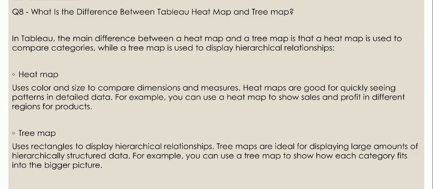For example, you can use a heat map to show sales and profit in different regions for products. Tree map uses rectangles to display hierarchical relationships. Tree maps are ideal for displaying large amounts of hierarchically structured data. For example, you can use a tree map to show how each category fits into the bigger picture.